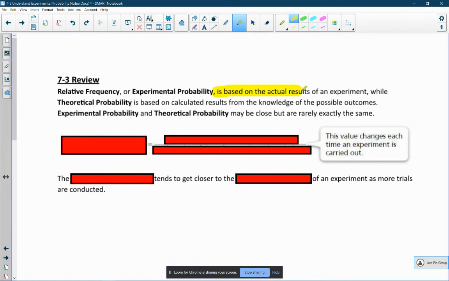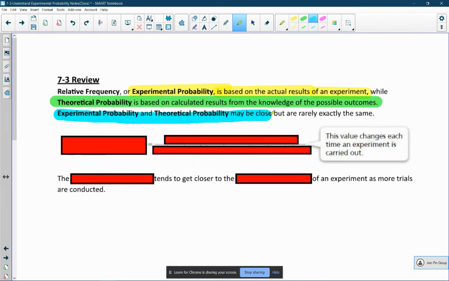Based on actual results of an experiment, while theoretical probability is based on calculated results from the knowledge of possible outcomes. So if you need a definition, there you go. Experimental, based on actual results. Theoretical, based on calculated results. These things can be close, but they're rarely ever the same, as we saw in our little coin example.